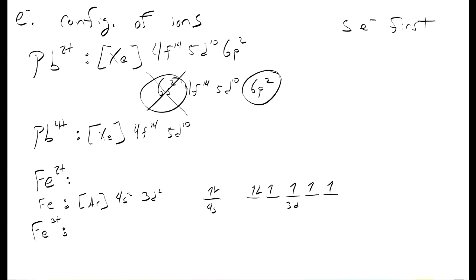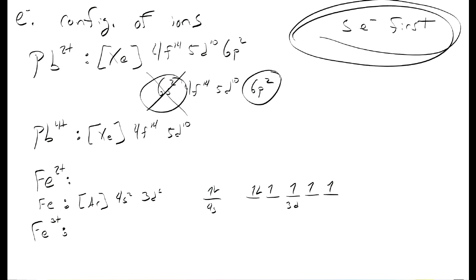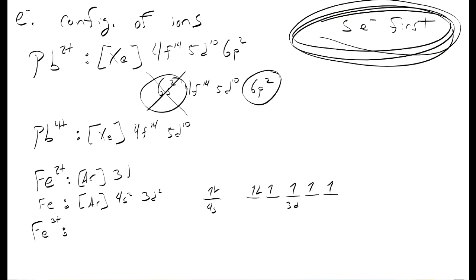What electrons is iron going to lose in order to become iron 2+, the 2+ ion? Well, hopefully, that should be obvious now. You lose your s electrons first. So, it's argon 3d6.